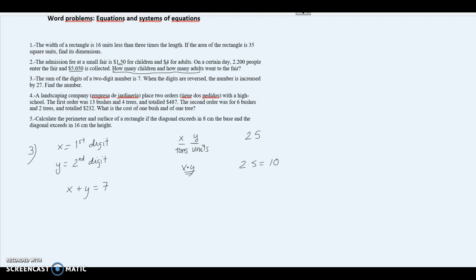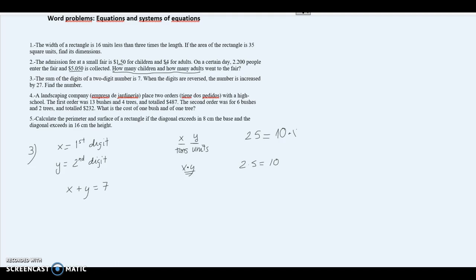So to write a number using variables, we have to break down the number into tens and units. So if we have the x, the tens, we multiply 10 by the x.